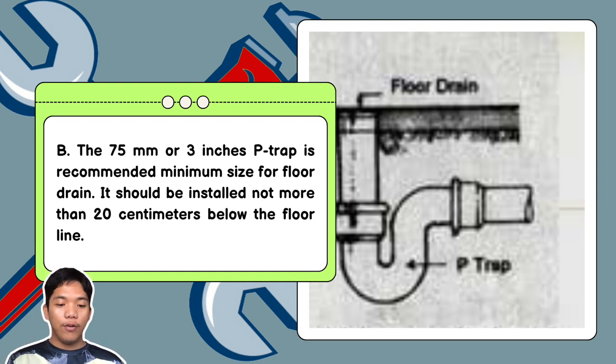So, ang sabi pala dito, it should not be installed more than 20 centimeter below the floor line. Ibig sabihin, dapat hindi pala malalampas pa ng 20 centimeter yung layo ng pipe, ng floor drain sa floor. Mali yung sinabi ko kanina, ha?